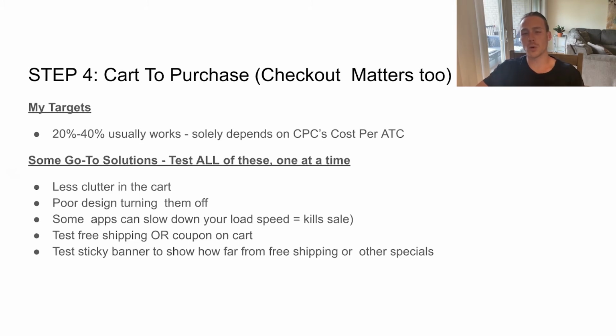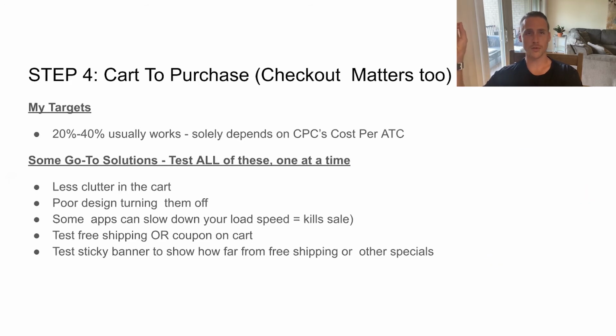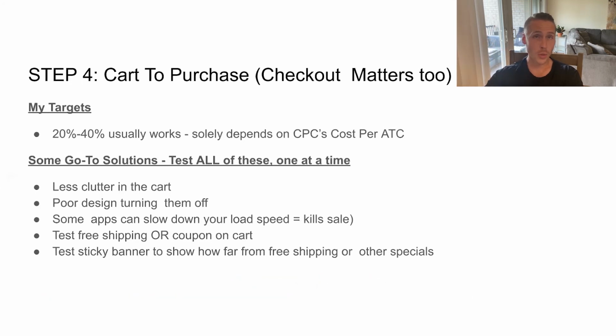I'm just showing you how one step of the funnel can completely impact the other step, right? So this solely depends on all the steps leading up to this, okay? And your product price. You can afford a lower percentage if ultimately your cost per purchase, which is what really matters, and all that matters when it's all said and done, what you pay to make a sale is the thing, okay?